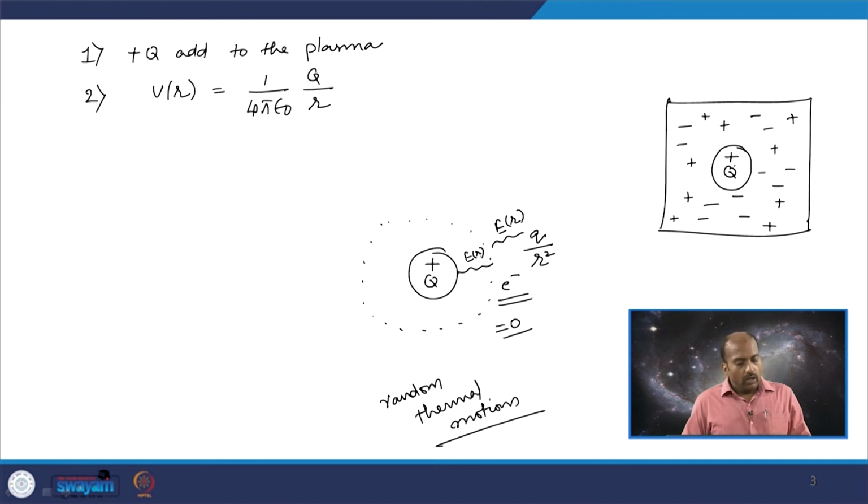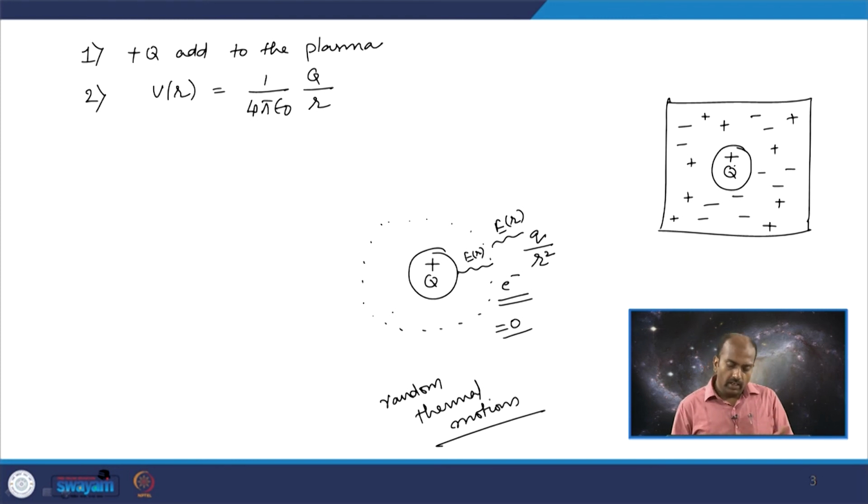The electric field due to a charge q is q by r square anywhere. But if you have particles surrounding this charge, what will be the role of this cloud of oppositely charged particles on this?